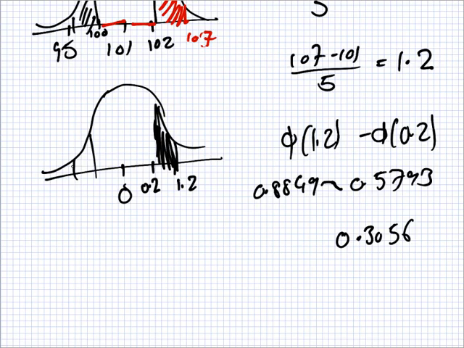Just minus and divide. 95 minus 101, divided by 5. You're doing it the other way. 95 minus 101 divided by 5.